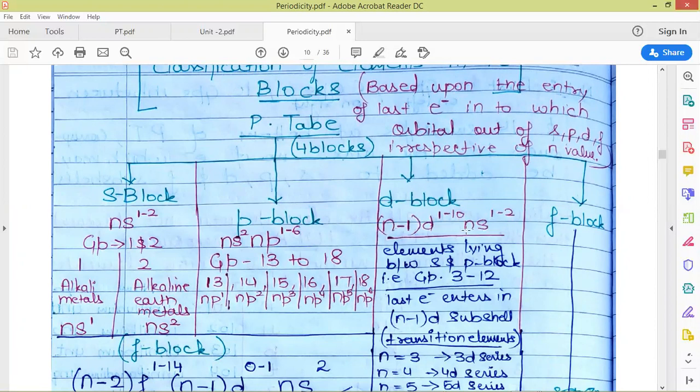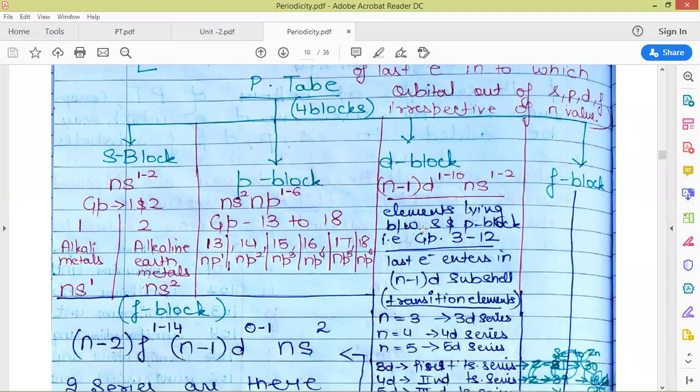Here n represents the principal quantum number or the period number, as we have already discussed that in the fourth period, the filling of the 3d subshell takes place, and in the fifth period, filling of the 4d series takes place, and so on.